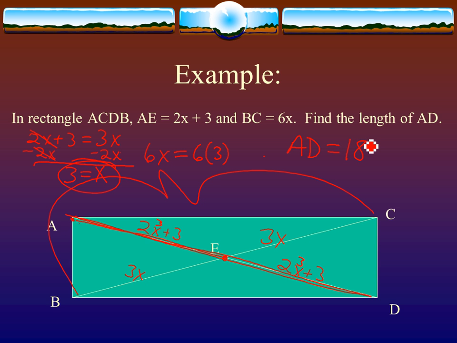Looking at this picture, since we know this is a rectangle, what can you tell me about angle CAB? It's a right angle. Tell me an angle that's congruent to angle CAE.